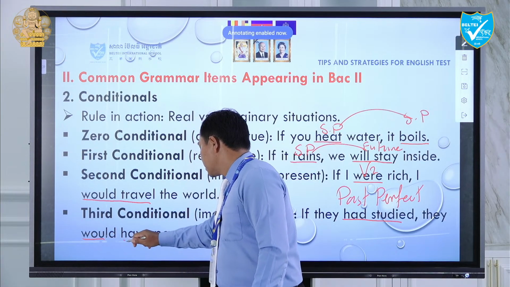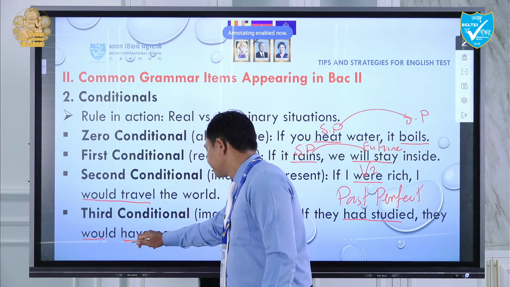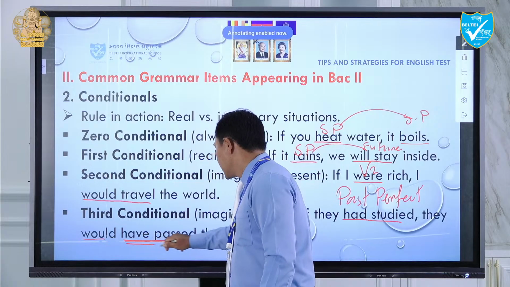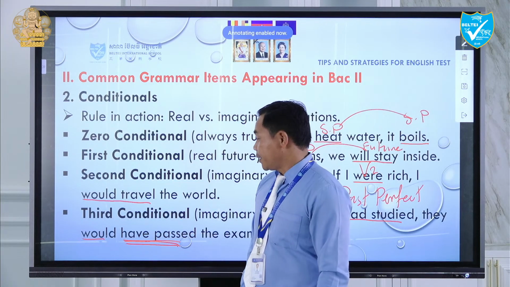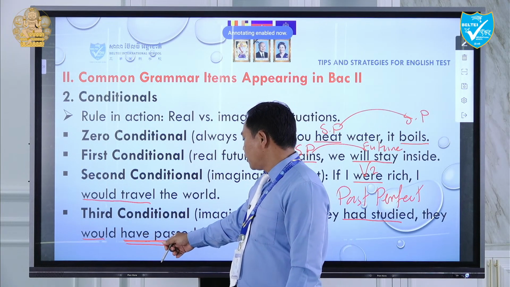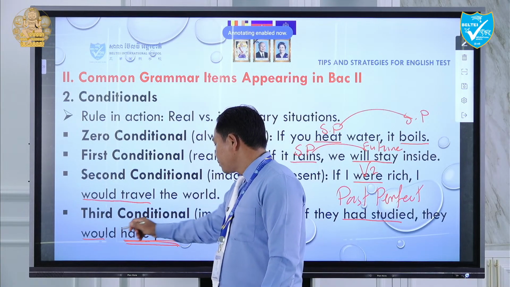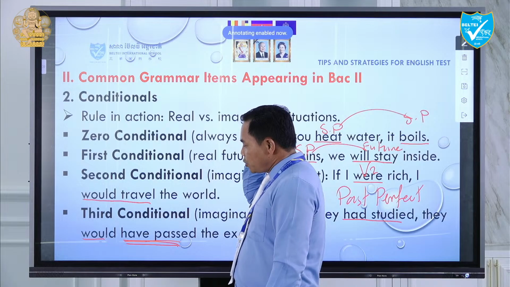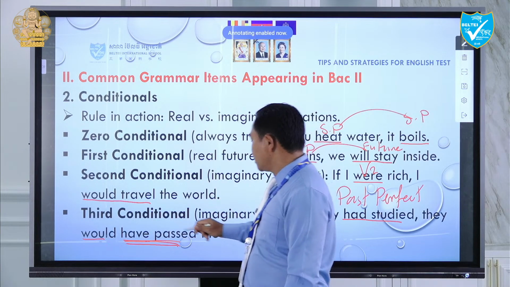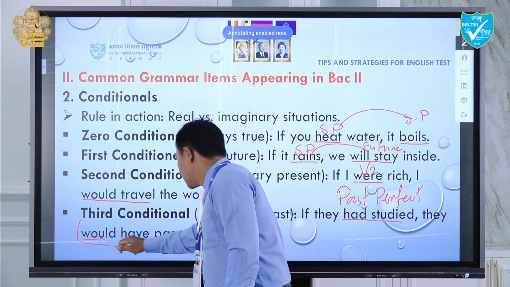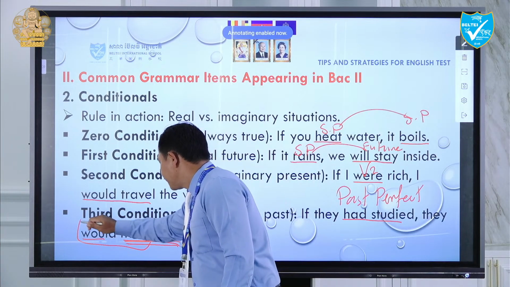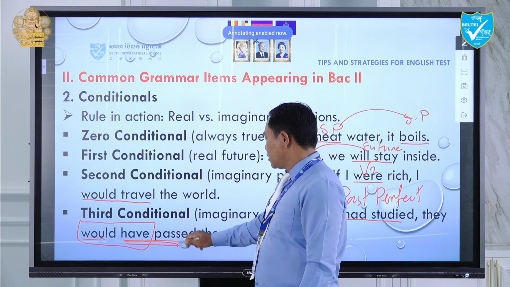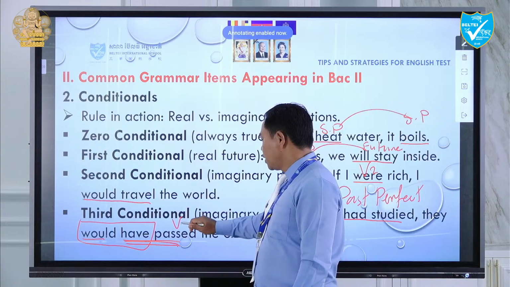After would, it is a perfect. We can call it perfect infinitive, or would plus have plus past participle. So what is the way to remember? You can see would, have, and past participle or verb 3.